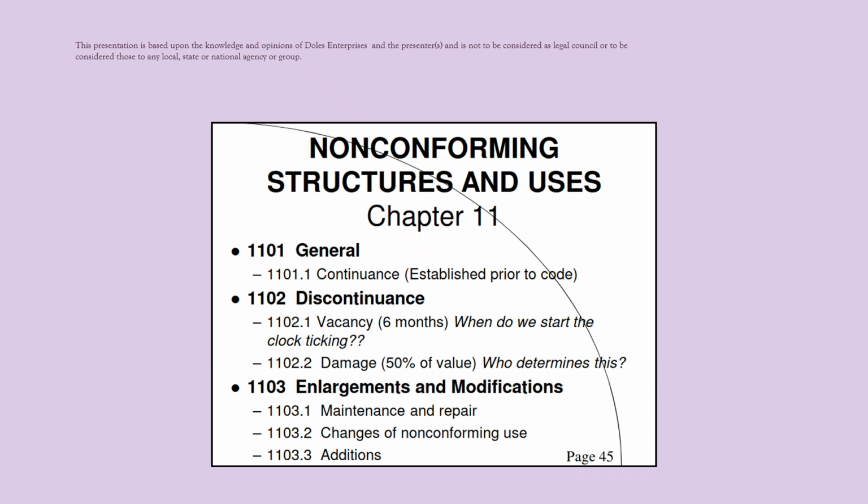If any non-conforming structure or use is, by any cause, damaged to the extent of 50% of its value as determined by the code official, it shall not thereafter be reconstructed as such.